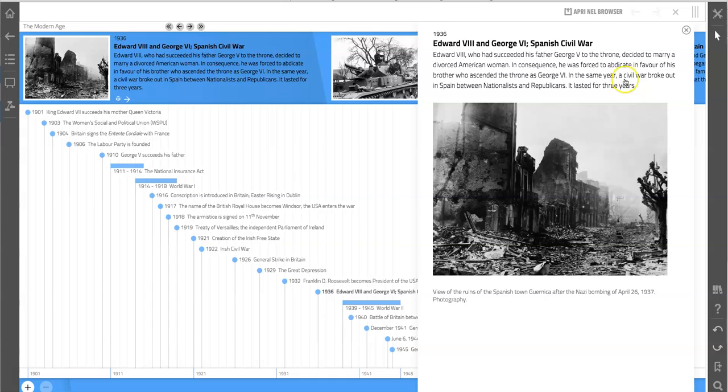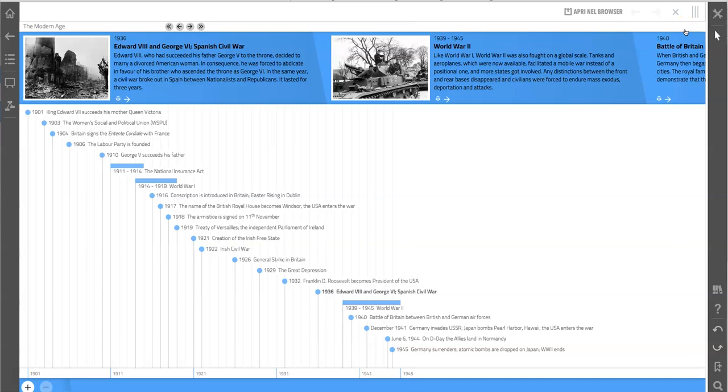In the same year, 1936, a civil war broke out in Spain between the nationalists and the Republicans. And this civil war lasted for 3 years. The Spanish Civil War.